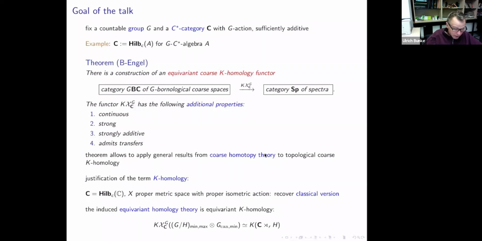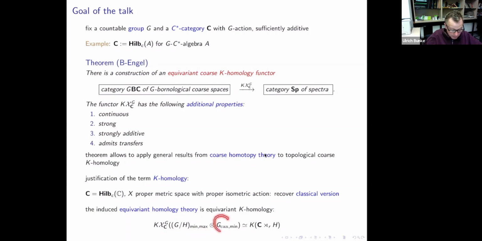Another justification to call it K-homology is that if one restricts it to the orbit category, so if one considers the underlying equivariant homology theory in the sense of equivariant topology. The right way to restrict to the orbit category is: we look at the G-set G/H, the orbit, and equip it with a minimal coarse structure and a maximal bornology. I will explain later what this means.